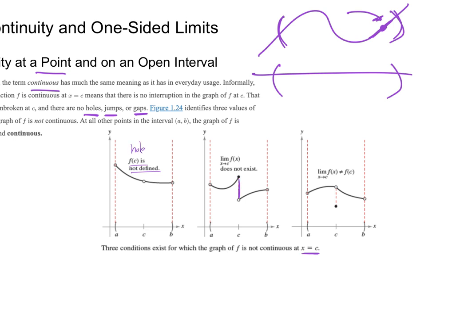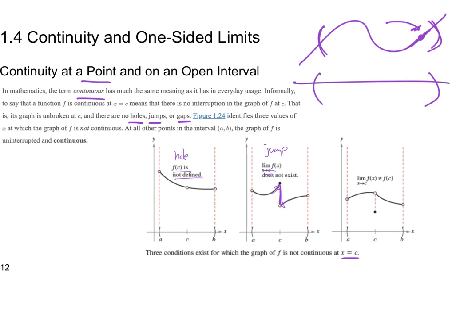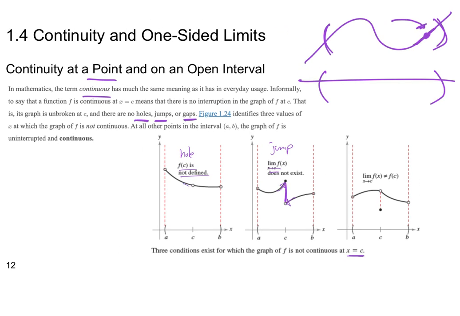Now this one has a jump, and notice that limit does not exist because we're approaching two different values from each side. Now, in the first one, that limit does exist, but the function is undefined at the point c.